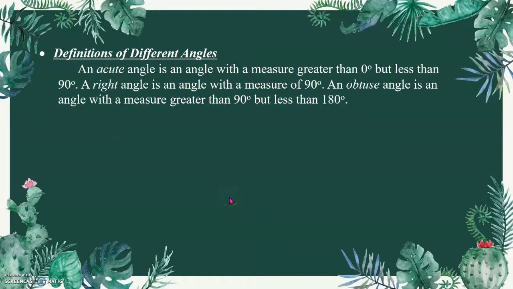Now let's have the definition of different angles. An acute angle is an angle with a measure greater than 0 but less than 90 degrees. Okay, so here is an example of an acute angle.